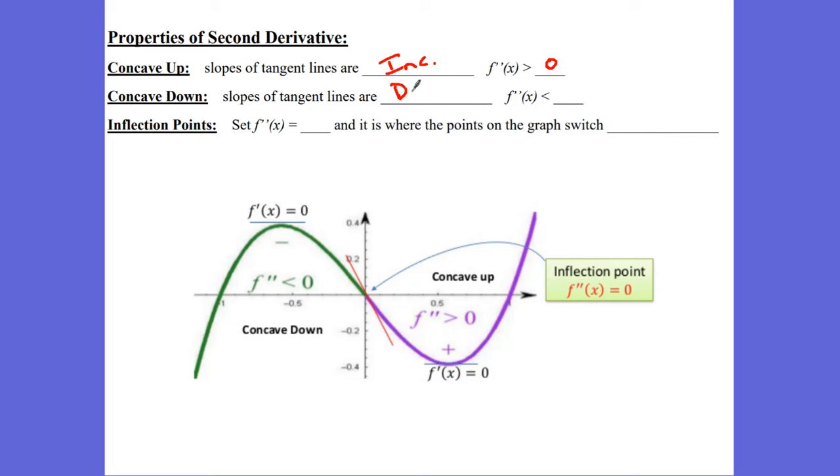Concave down is where the slopes of my tangent lines are decreasing, which means the second derivative is less than 0. And how do we know we have an inflection point? We set the second derivative equal to 0, and that is where the concavity switches from concave up to concave down. We call that an inflection point.